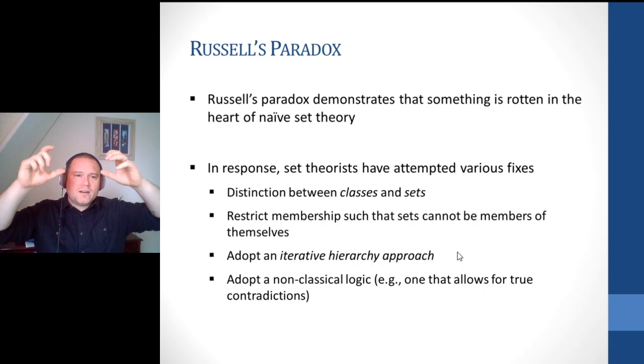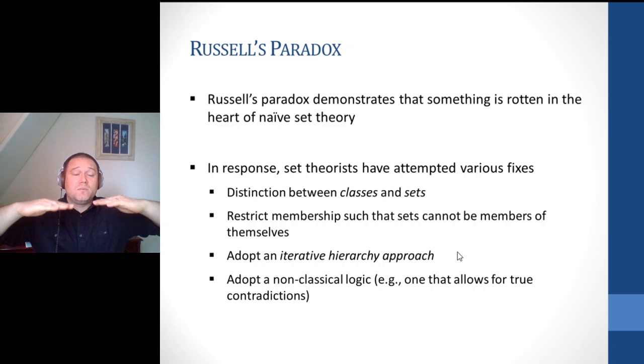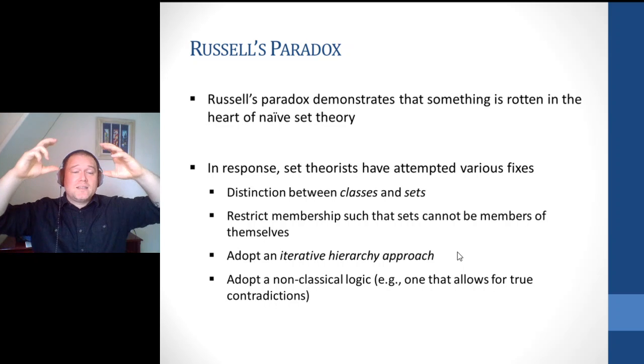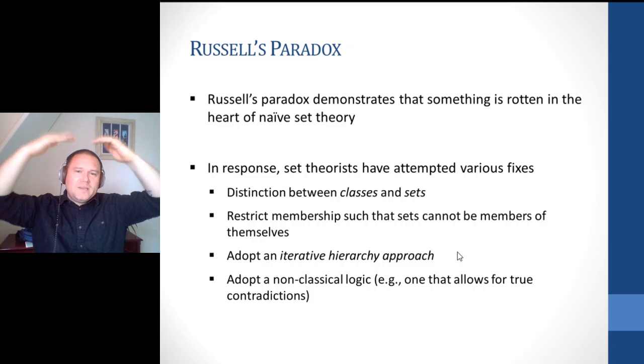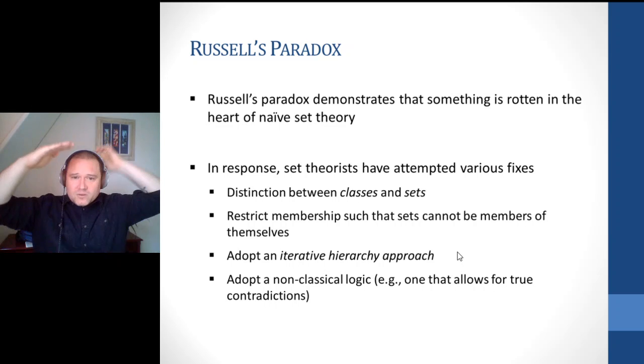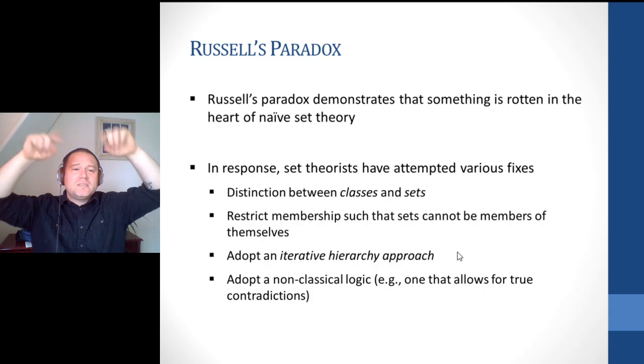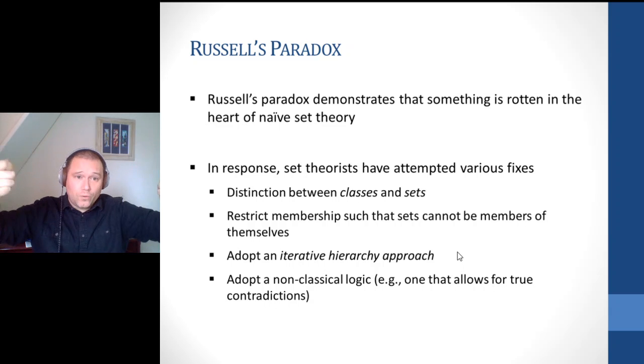Now for our next layer up, we can apply our set theoretic machinery to everything that we got from our first iteration and the individuals. This gives us the next layer up. And once we have that, we can apply our set theoretic machinery to everything below that to give us the next layer up. Now, by adopting this kind of hierarchical approach, you're not really allowed to apply the machinery to a set that you're constructing as you go.